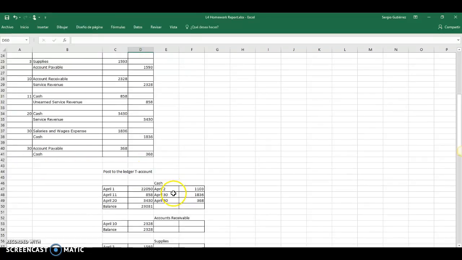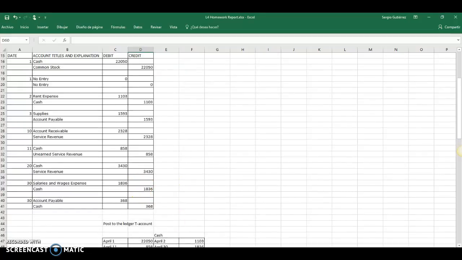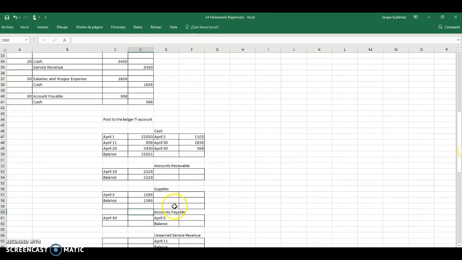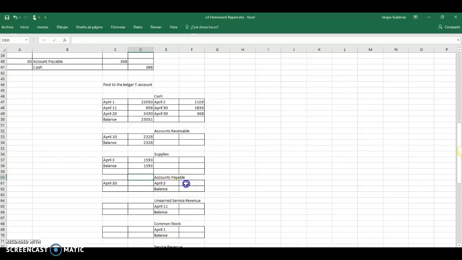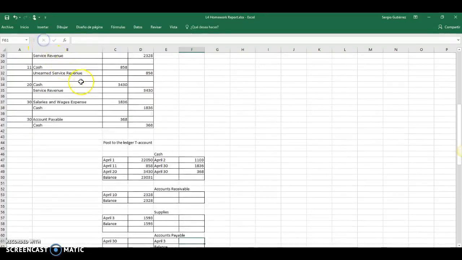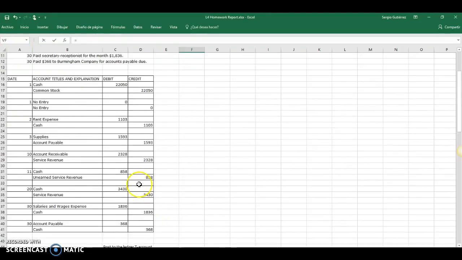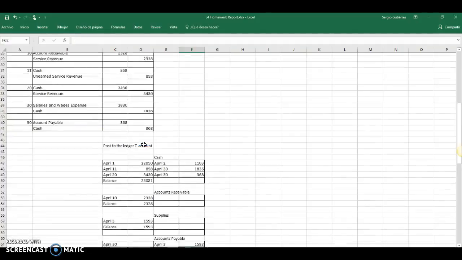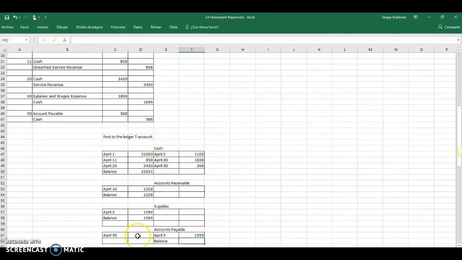So on day 3, we have a transaction with accounts payable, so we put equal, and we just select the transaction, so we transfer the information. Okay, we hit enter, just transfer the information.